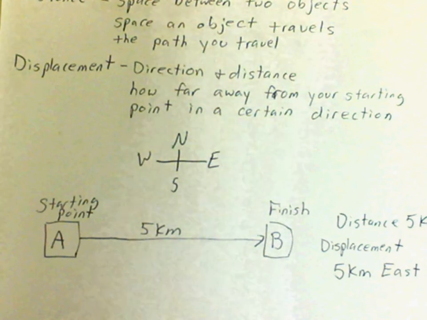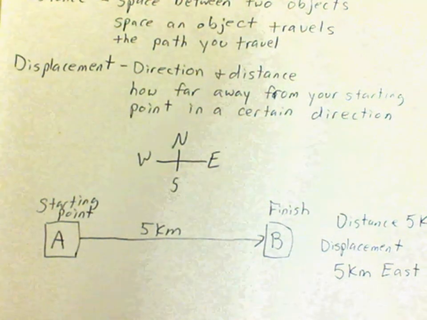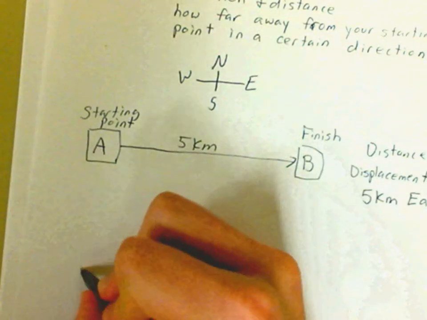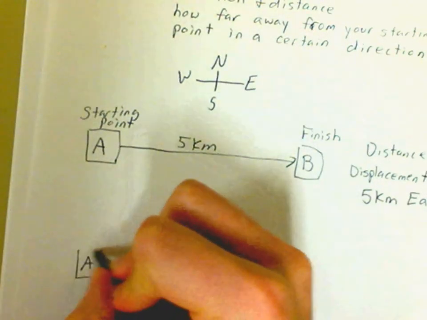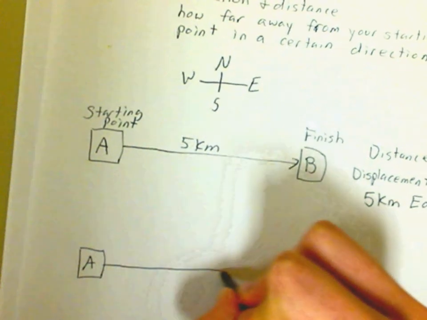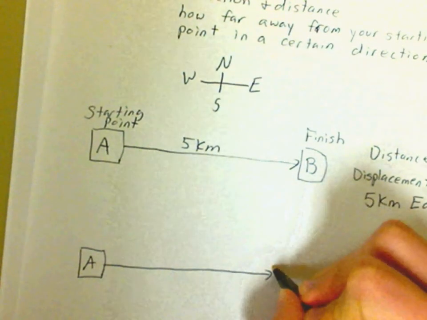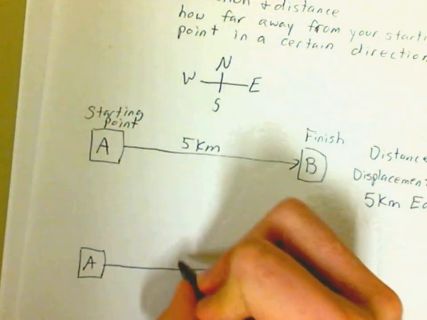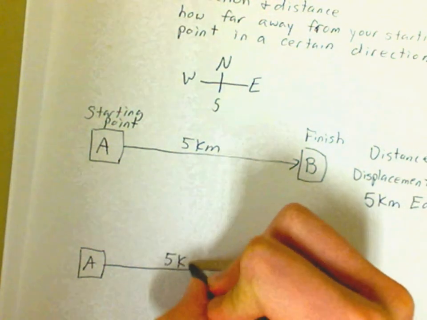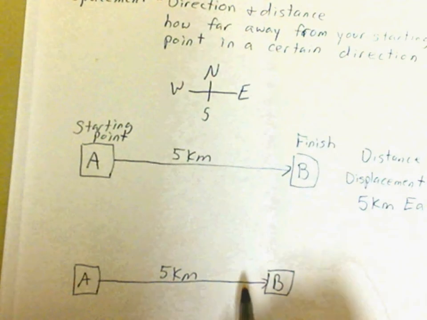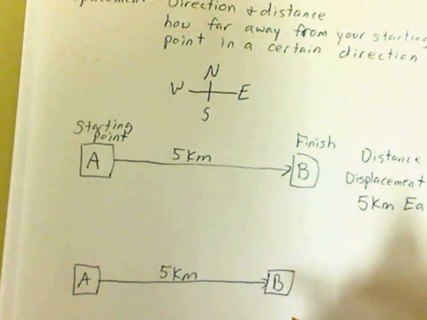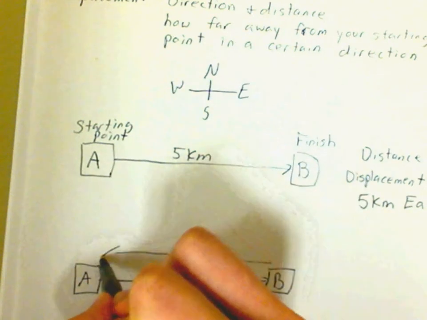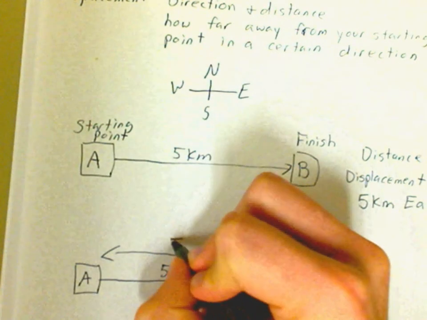Now, say we have the same starting point, your house, and I'm going to stick with school. B is school, and it's 5 kilometers. So you go to school every morning. Then after school, you go back home. So now we're going back home, and it's the same distance.